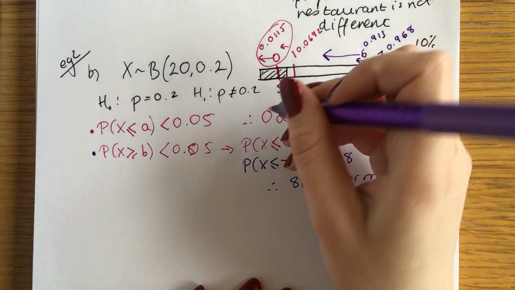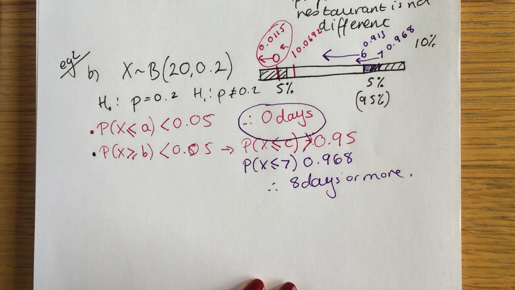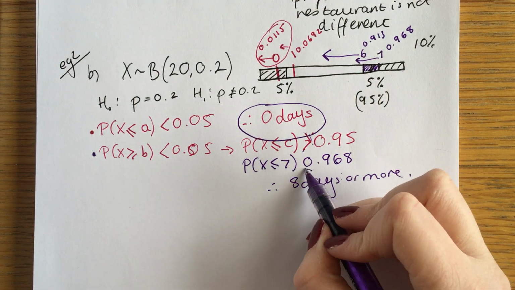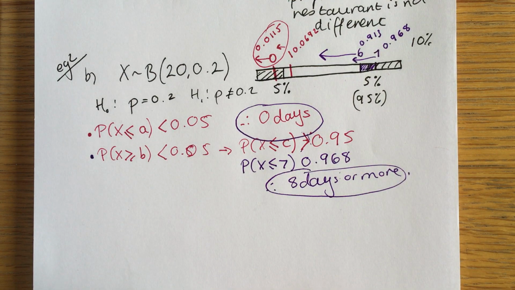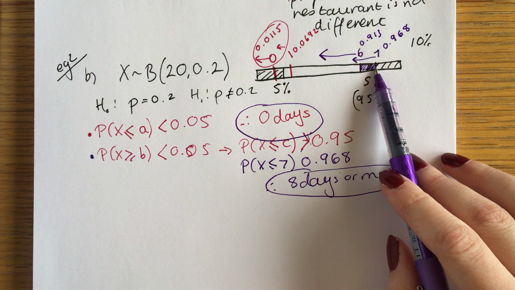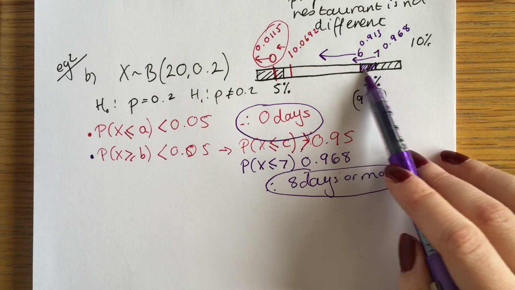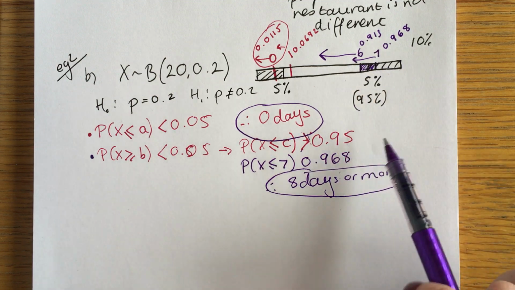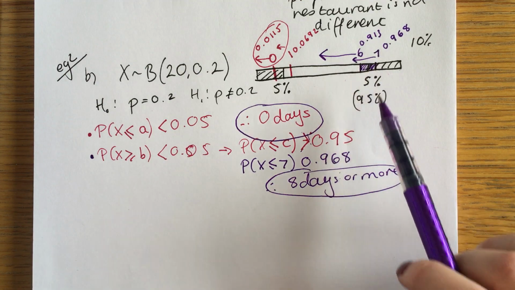So our critical region is either he's late no days or he's late 8 days or more, because the 7 is the first one that goes into that critical region. On the 7th day, he's on that overlap. So the next one that satisfies it is 8 days or more, because 7 is the first one in that boundary.